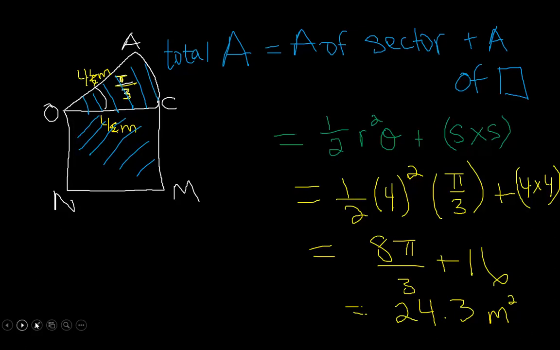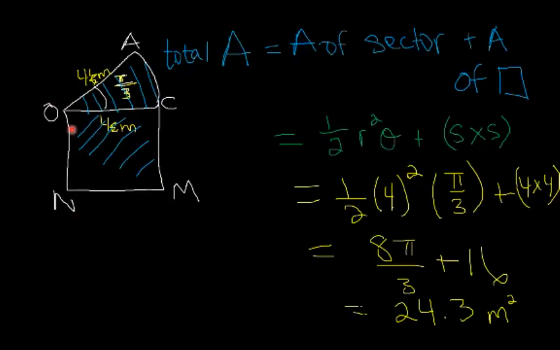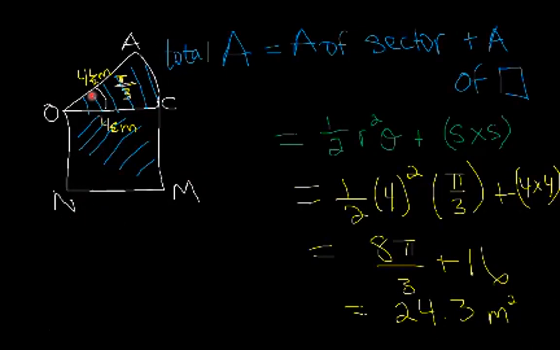They want me to find the area of this entire structure. They said AOCMN. So that's this whole thing. You don't know any formula to find the area of this whole shape.